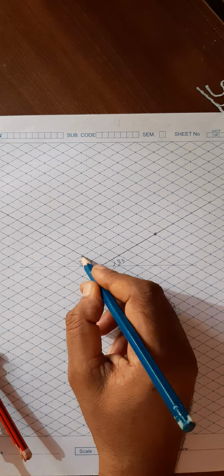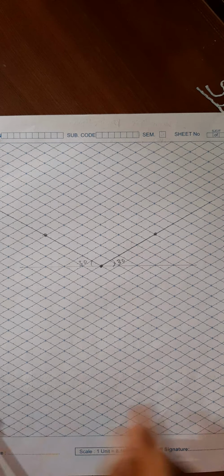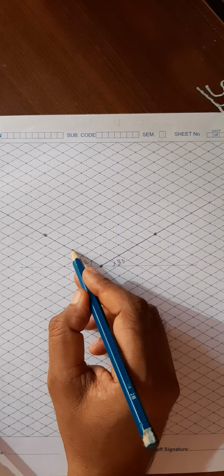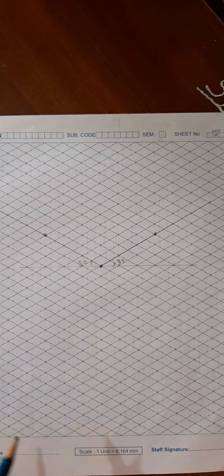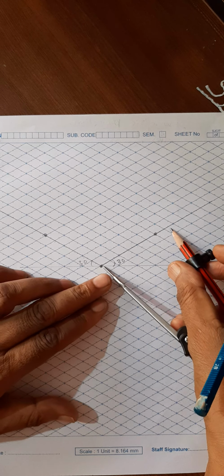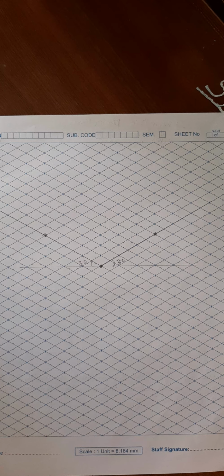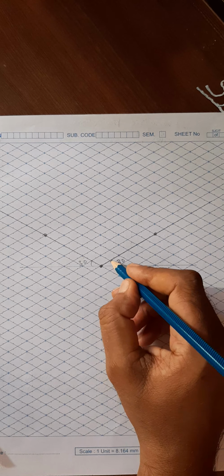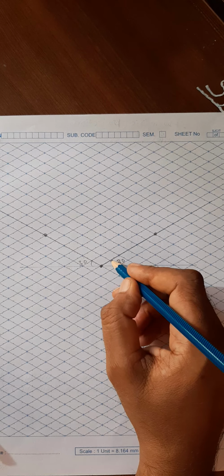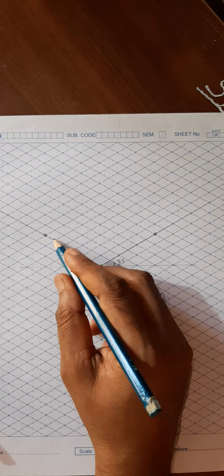This side also 1, 2, 3, 4, 5, 6. Otherwise you take AB and cut at the same point. In isometric projection, 60 means 6 boxes: 1, 2, 3, 4, 5, 6.